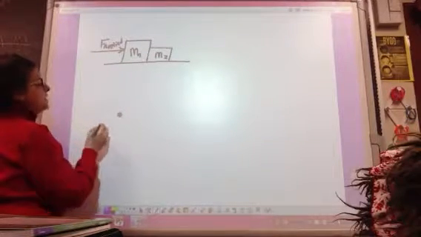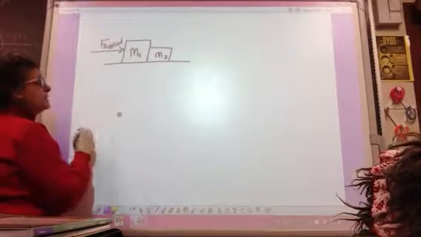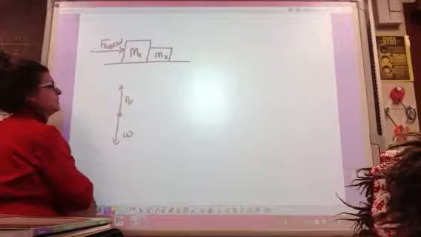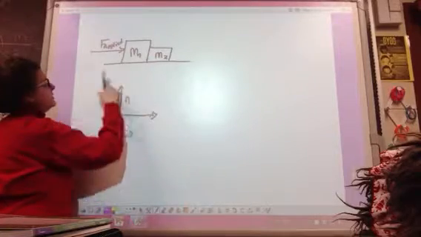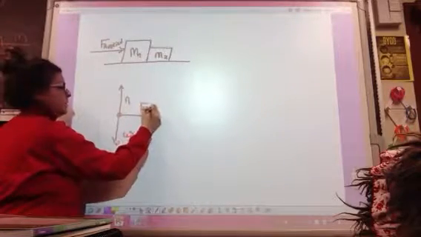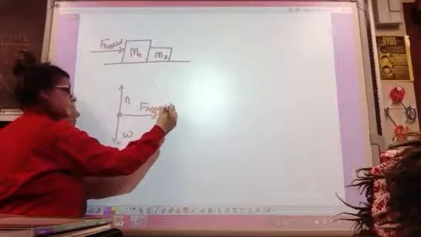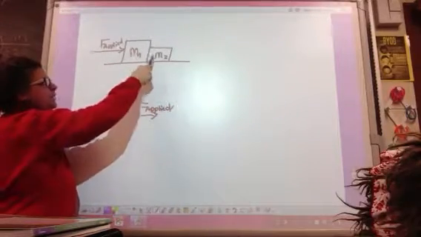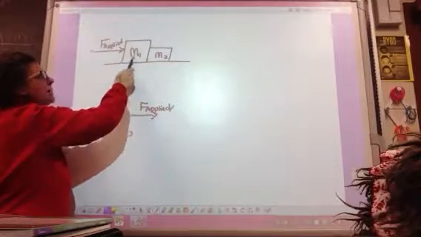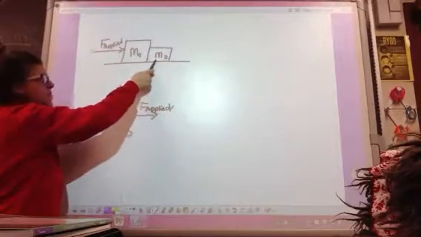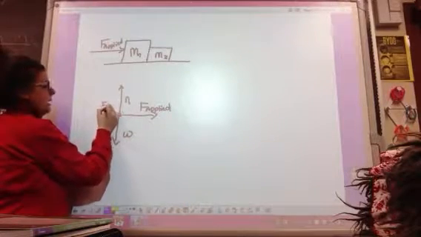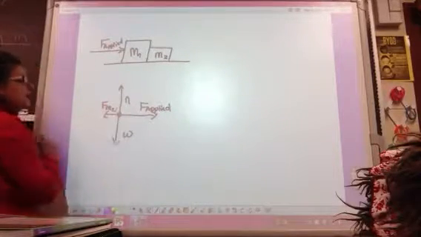There's my object. I know that I have the following forces acting on it. Weight force, normal force. I have this force that's being applied here. And I also have this contact force between M1 and M2. So M1 is going to push on M2, but M2 can push back a little bit too. So I have force of M2.